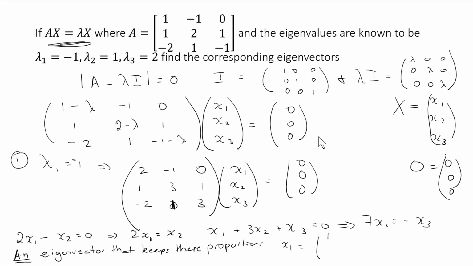Oops, should have a 1 there. So 2, and then 7. Oops, we should have a negative sign in there because x3 will be negative 7 times x1. Okay, so now for the next ones.